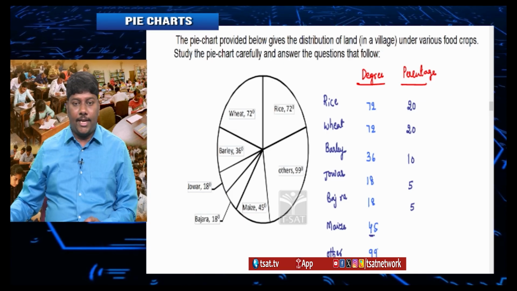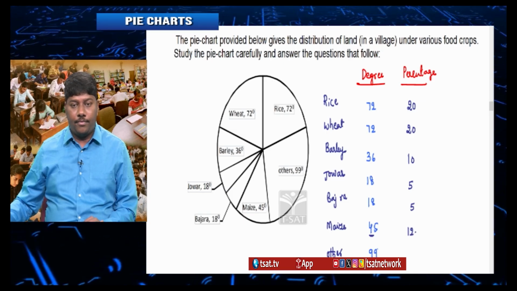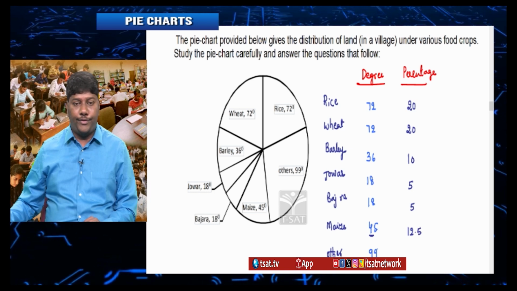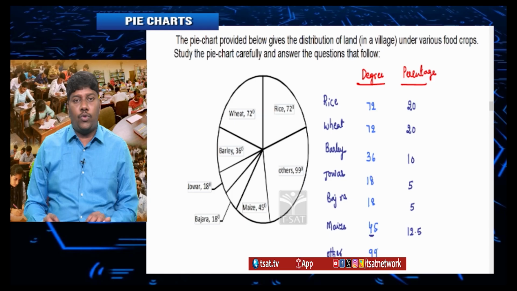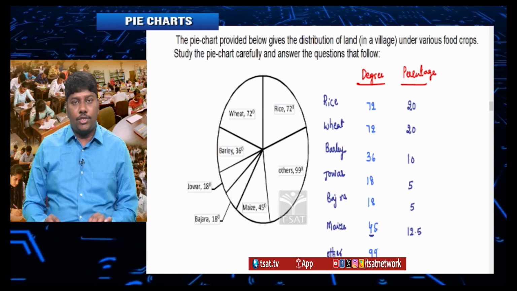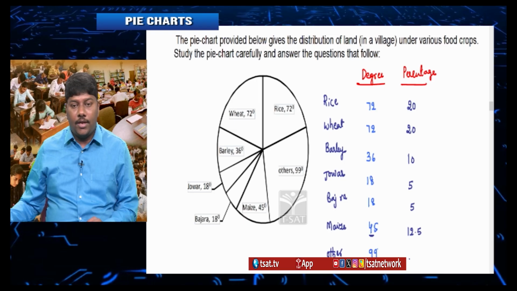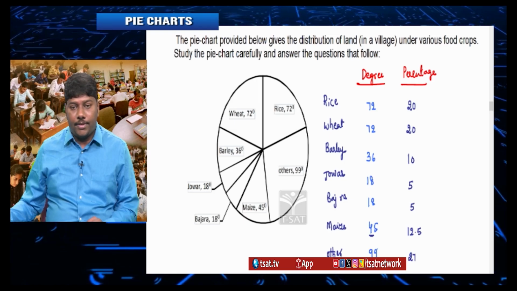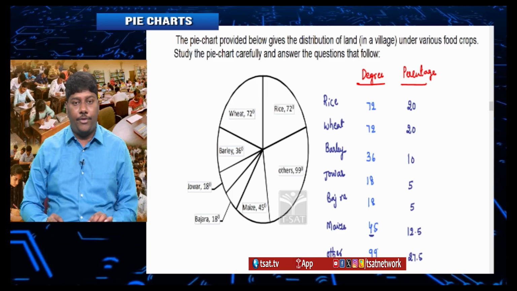Maize, 45 is 36 plus 9, 10 plus 2.5, 12.5. I told you in the beginning how we convert 45 and 99. When you look at 99 also, 90 means 25%, 9 means 2.5%. Therefore, 25 plus 2.5 gives me 27.5%. In terms of percentage, if you add everything, it's going to be 100%.